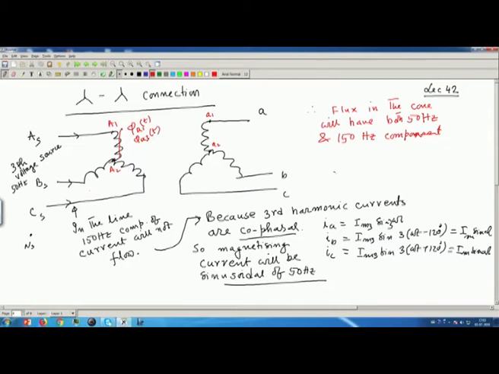Induced voltage, mind you, is equal to root 2 pi times the RMS value: due to the fundamental component, root 2 pi f phi max fundamental into N 1, and due to the third harmonic component the RMS voltage will be root 2 pi 3 f, mind you this factor will come here, phi max of the third harmonic component into N 1. Both these voltages will be present. This is of frequency 3 f, that is what I am telling.